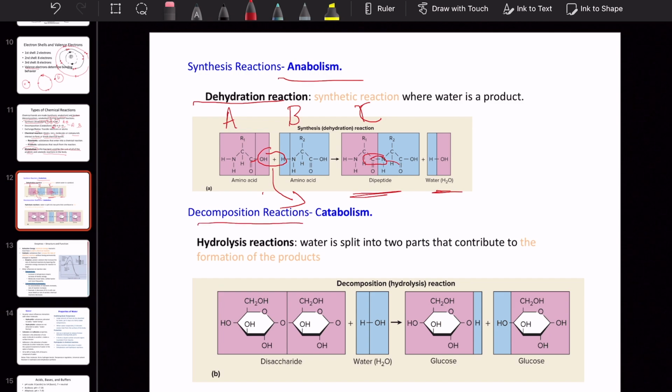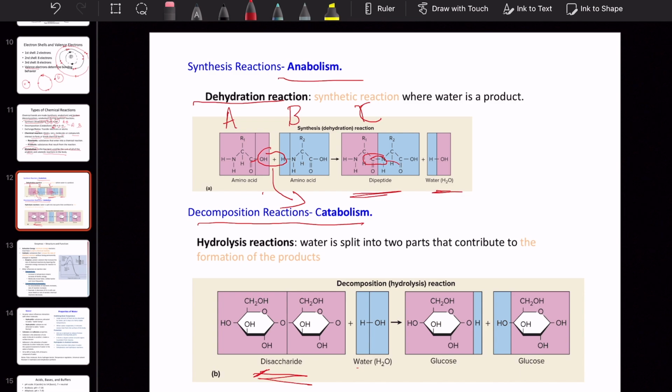Then when you look at the decomposition reaction or catabolism, this is a disaccharide. Di means two carbohydrates. Then water is there. You need water for a hydrolysis reaction.